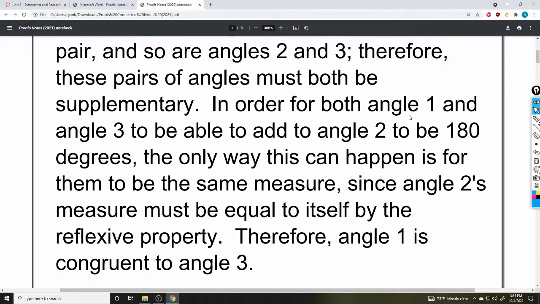So we're saying that angle 2 is equal to itself, and the reflexive property that we talked about last week is what lets us say that. Therefore, angle 1 is congruent to angle 3. So this is more written out as a paragraph structure to explain this process.